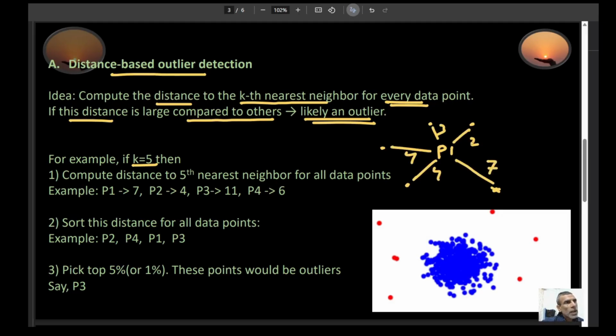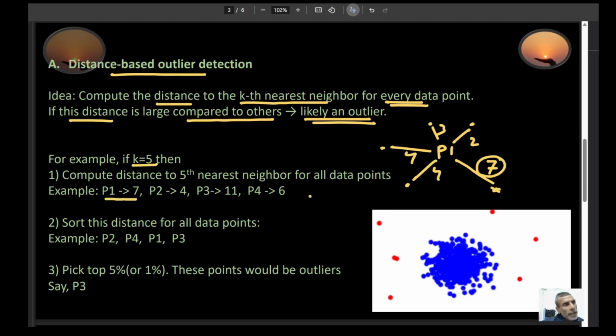So in this case, you have 2, 3, 4, 4, 7. So the distance of P1 to the fifth nearest neighbor would be 7, right? Because this is your fifth nearest neighbor right here. So in this case, my P1 equals 7.